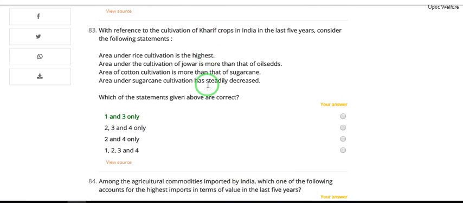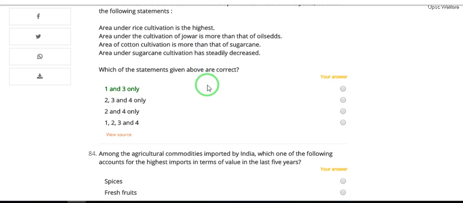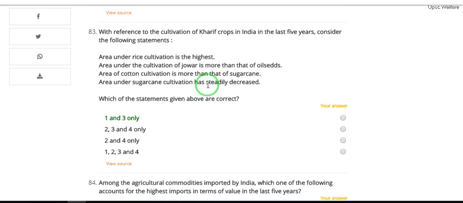Now question 83, C, is about the kharif crops in India over the last 5 years, the cultivation of kharif crops. First, rice cultivation. As we know, India is not the highest rice producer in the world, but the first option is going to be correct because the area under rice cultivation is the highest.